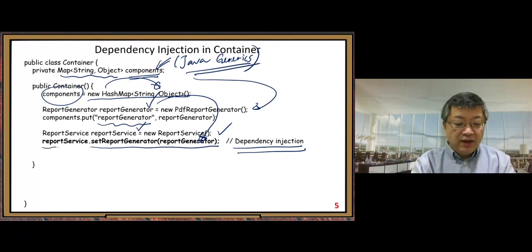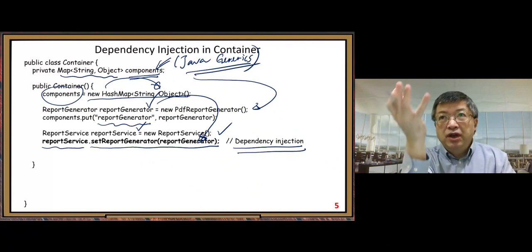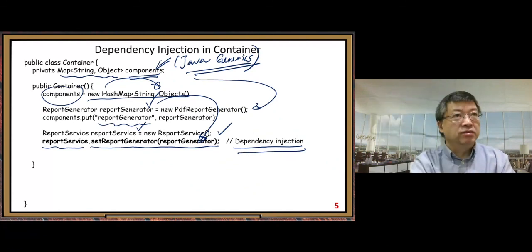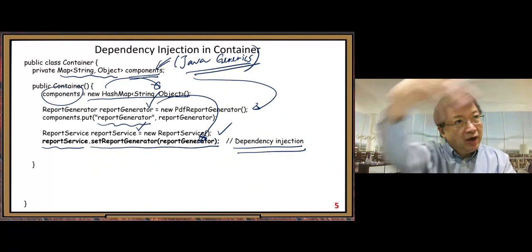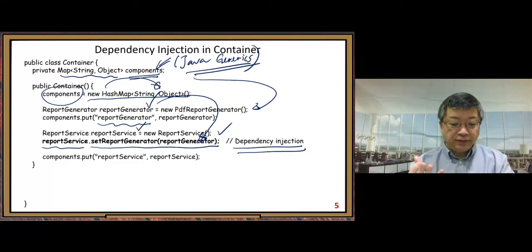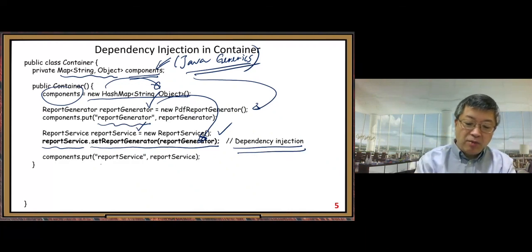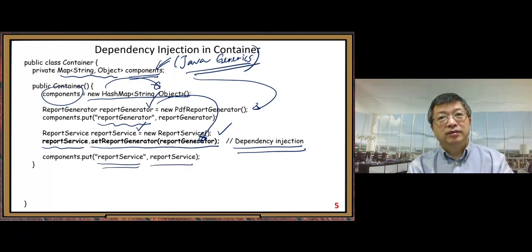Then this business object accepts its dependency object. From the container point of view, delivery. From the business service point of view, accept. Then you store your business service object into that map object. All right. So you get everything ready.